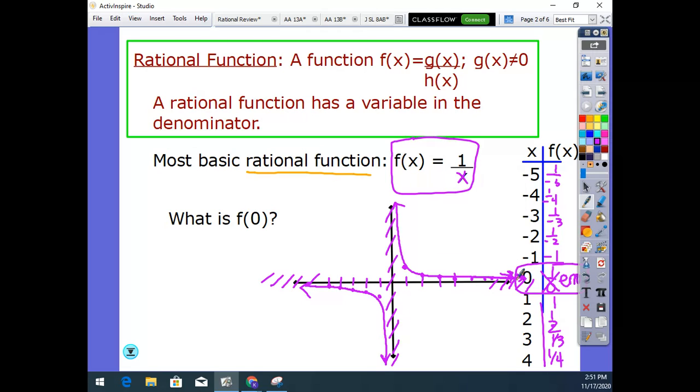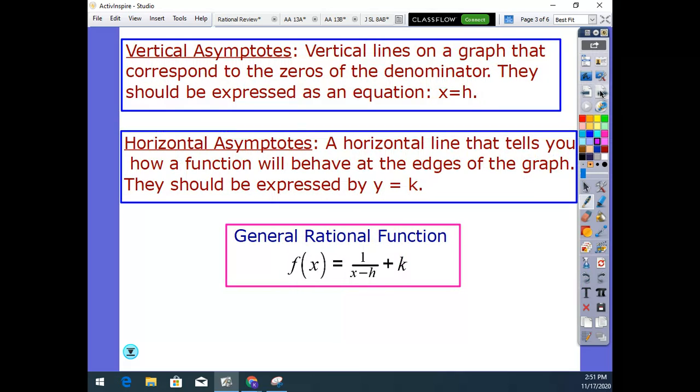So let's look at some different graphs. Oh yeah, let's actually write the vocabulary down. Our vertical asymptotes are vertical lines on a graph that correspond to the zeros of the denominator, and they need to be expressed as an equation, x equals h.